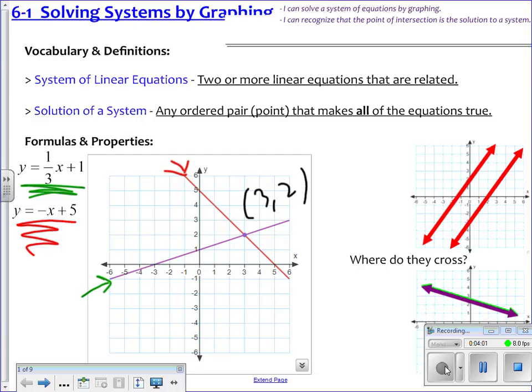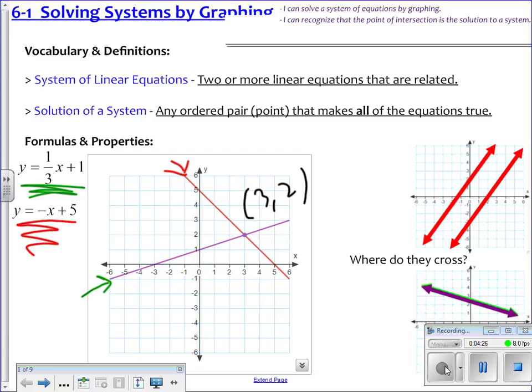Every single dot on that line, and there's an infinite number of dots that make up that line, is a solution to that equation. Every dot on this line is a solution to the other equation. There is only one place where they both have the same point. That's the solution to the system. This works in the system of equations, both equations together.